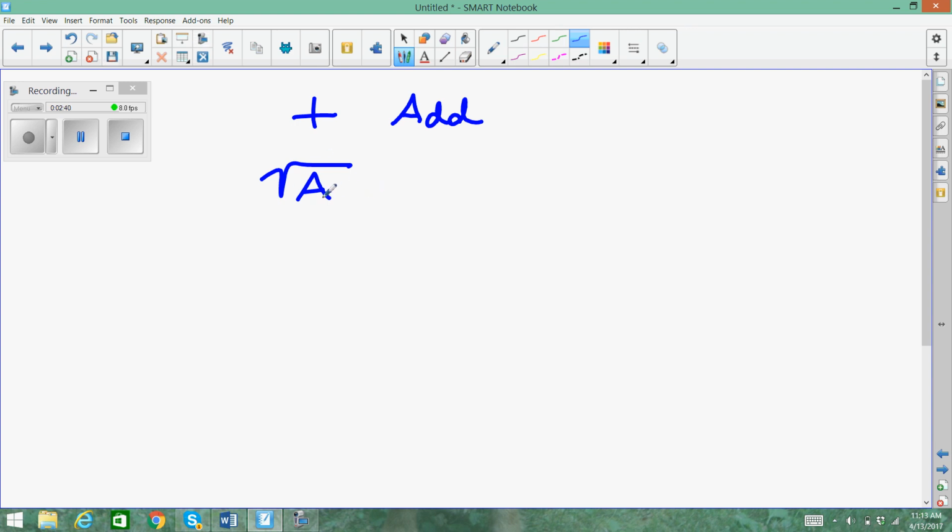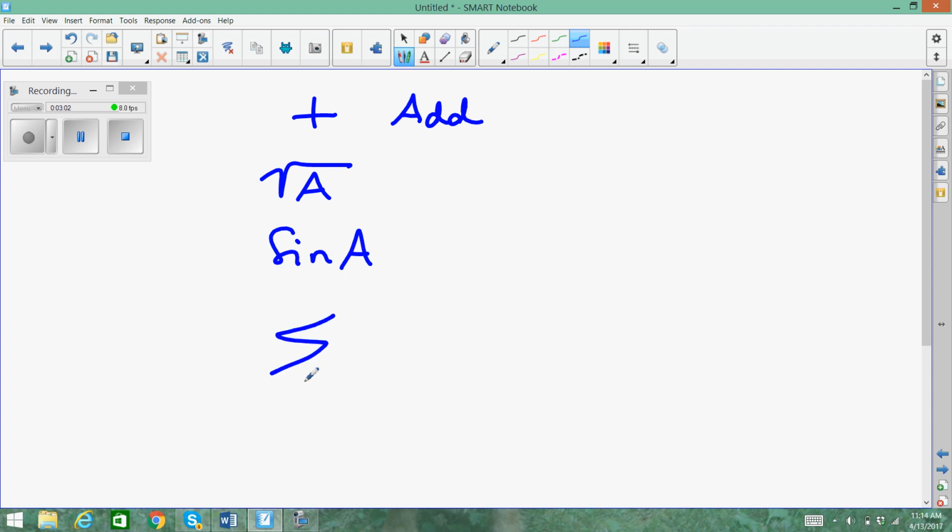Find some number that multiplies itself to get a, the square root. Okay? We know that sine a is an operation which asks the question, given an acute angle in a right triangle, what's the opposite side over the hypotenuse? What's that ratio?